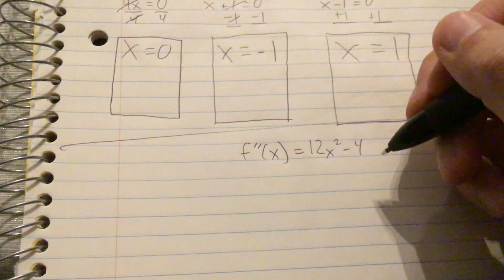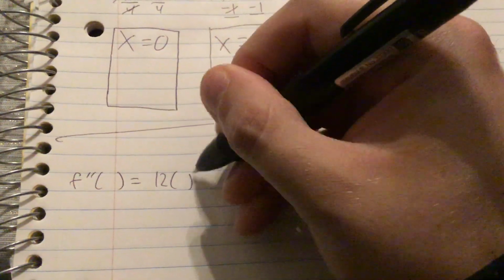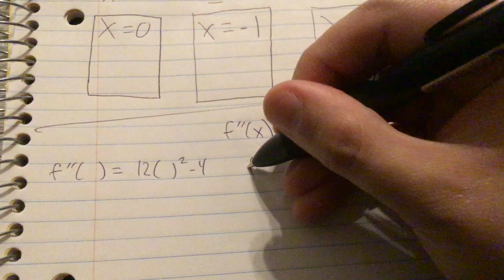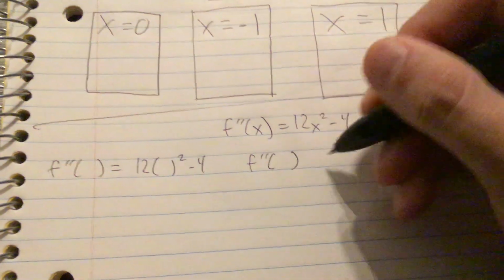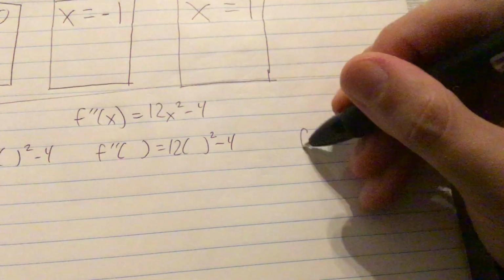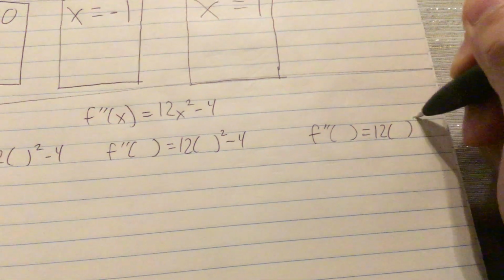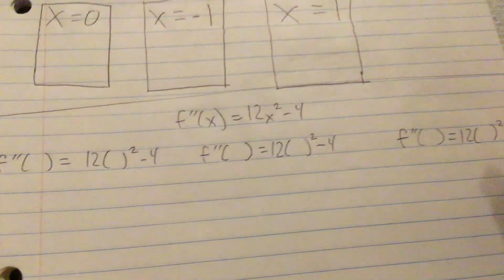Okay. So first things first, let's do f double prime of 0. And then let's do f double prime of negative 1. And then let's do f double prime of 1. You know what? I'm going to stick with the positives first.